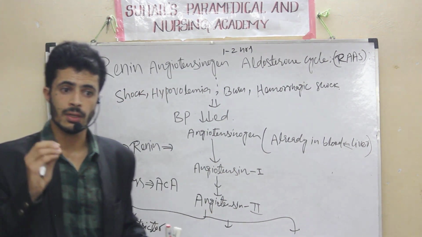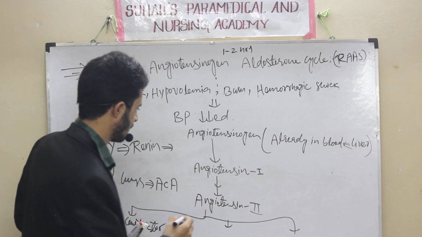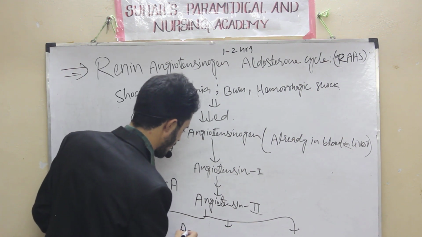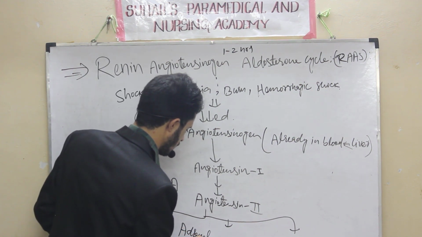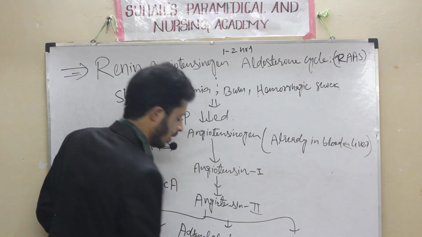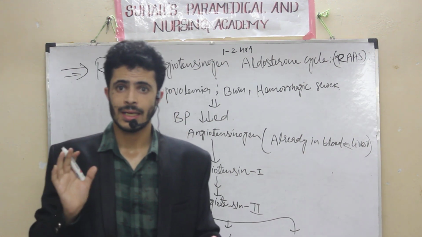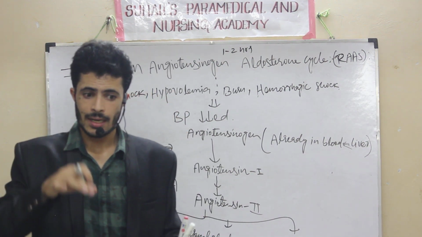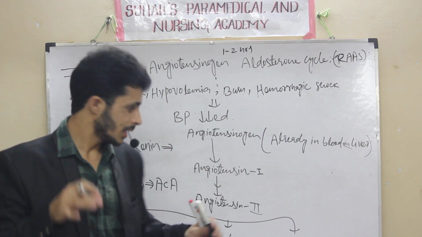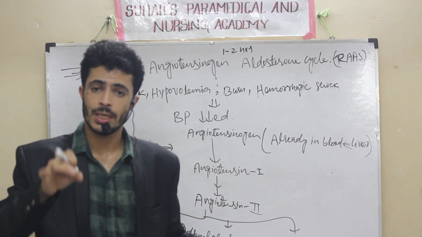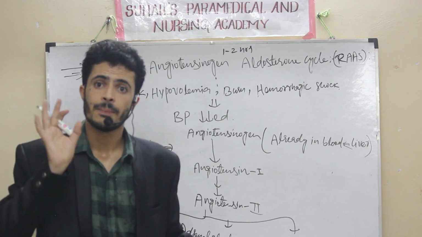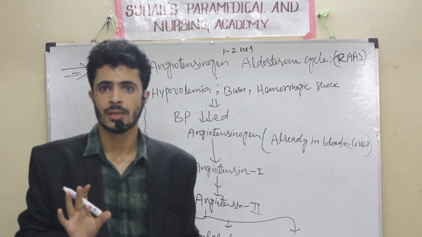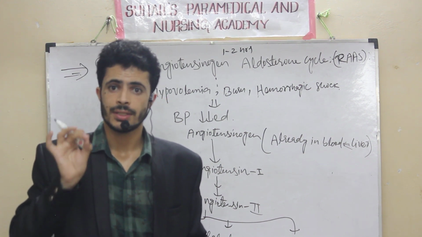Second thing, it will go to the adrenal gland. We all know the adrenal gland is the suprarenal gland. It is above the kidney. From the adrenal gland, this angiotensin second stimulates the adrenal cortex.